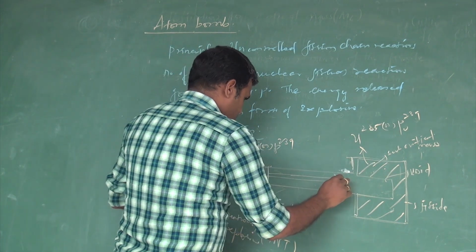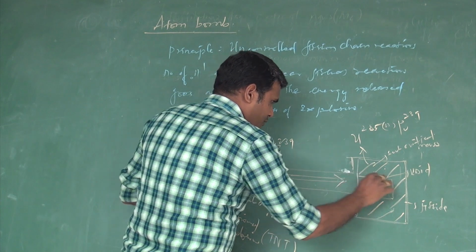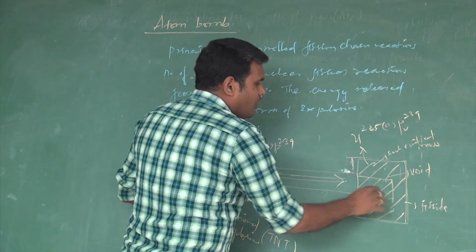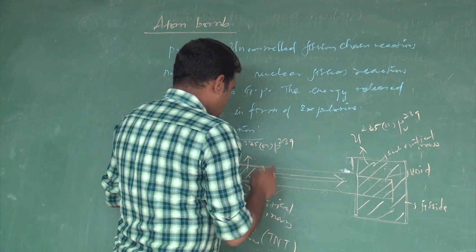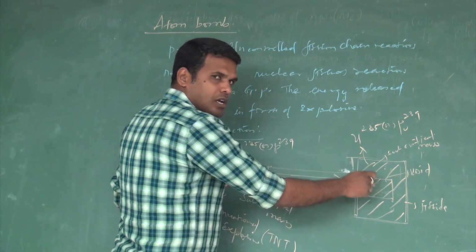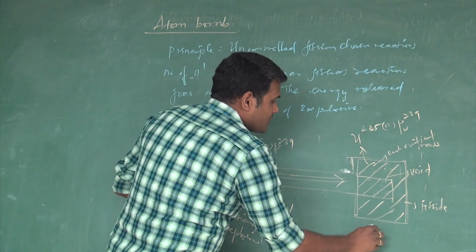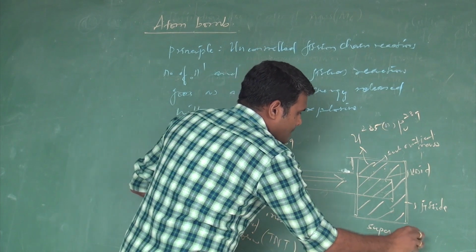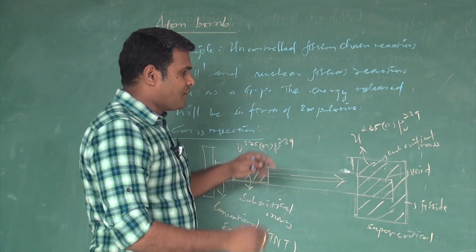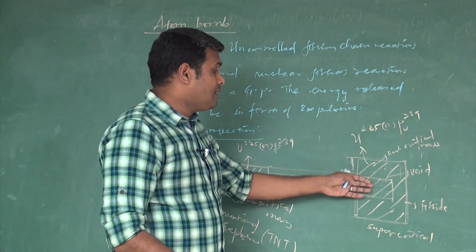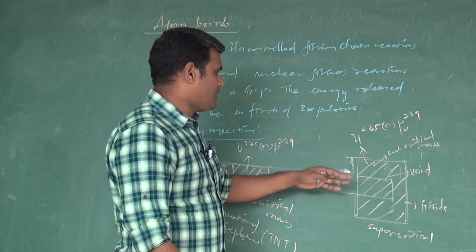So what will happen? This subcritical mass and this subcritical mass, when fused, will become a supercritical mass. If the mass becomes supercritical, then explosion will take place.